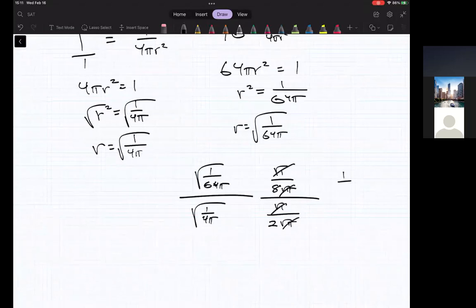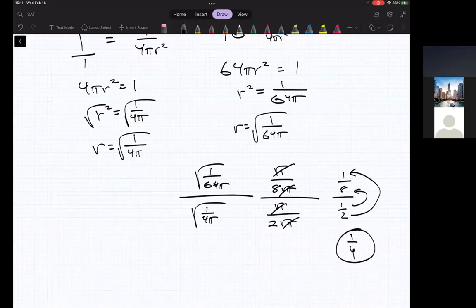And then you're left with 1/8 over 1/2. But what would happen if I multiply by the reciprocal? Then I get 2/8 or 1/4. Okay. That's the long way of doing this problem.